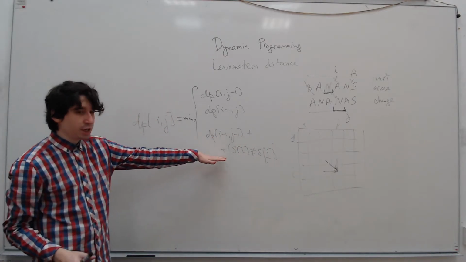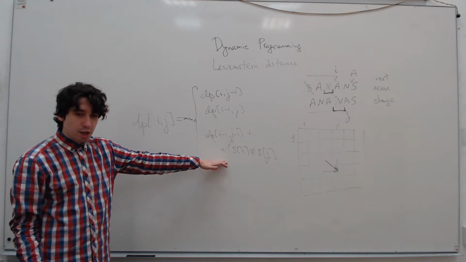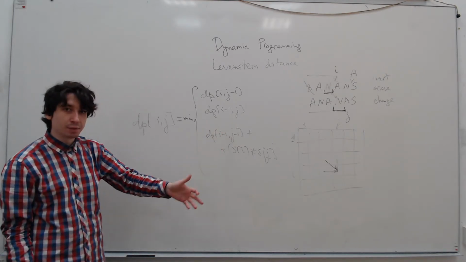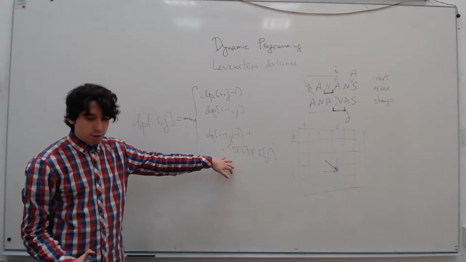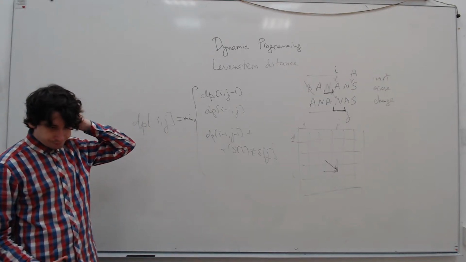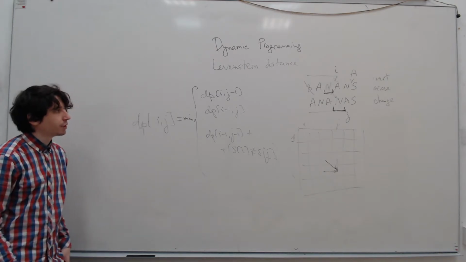So if they're equal, we add 0. If they're not equal, then we add 1. So this is the closed form of this.